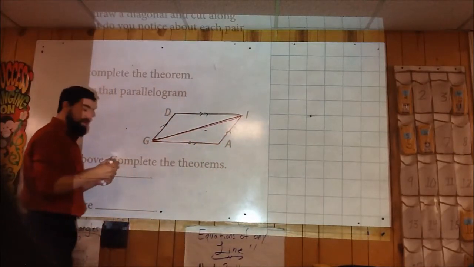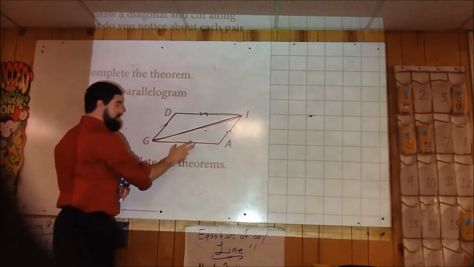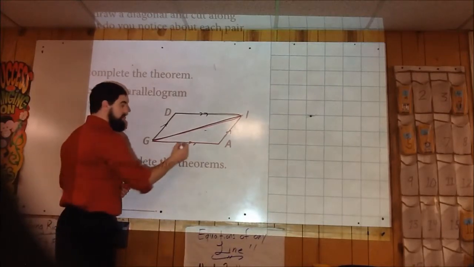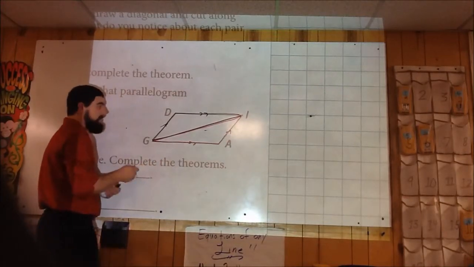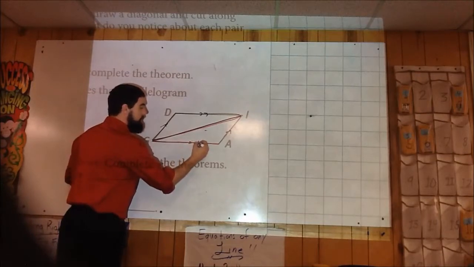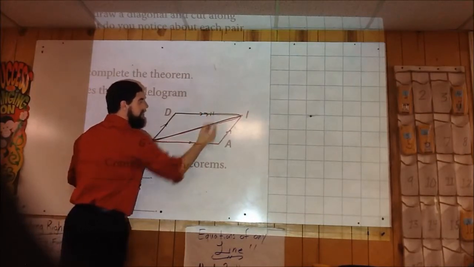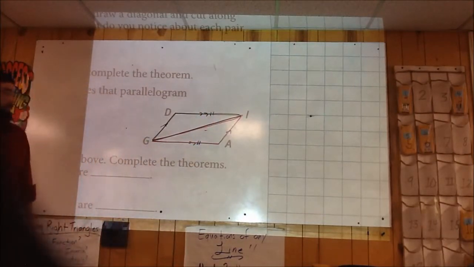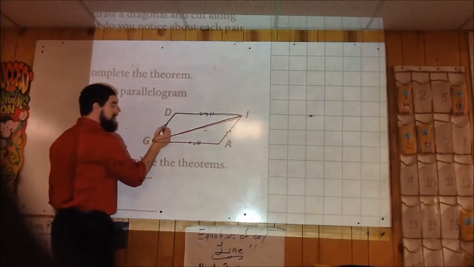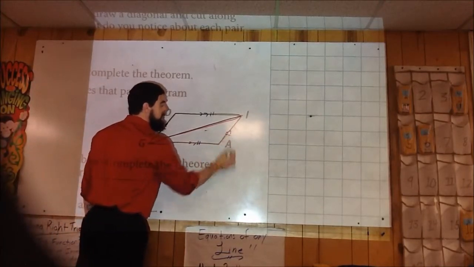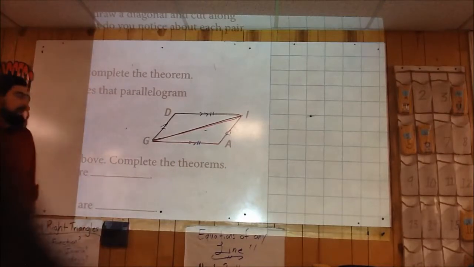But now that I know these two triangles are congruent, this segment here, segment GA, is congruent and corresponding to this side here. This segment here, DG, is congruent and corresponding to that side there, segment AI. Because within those two congruent triangles, those are corresponding parts.